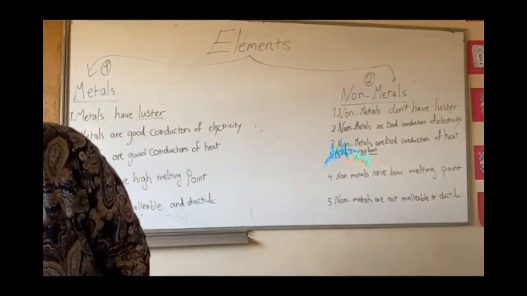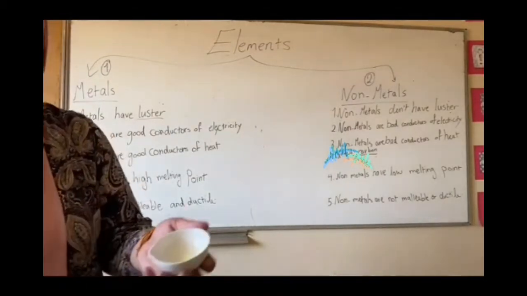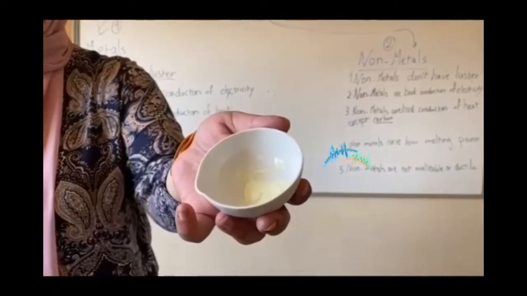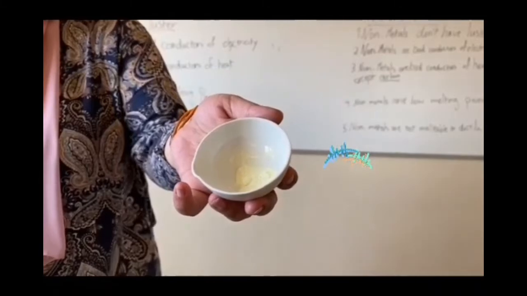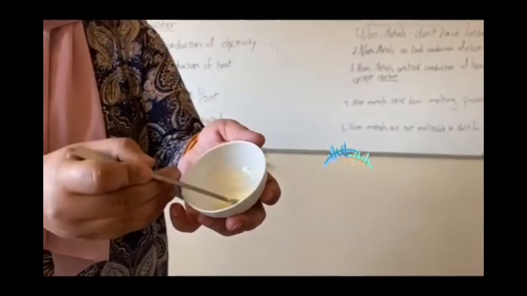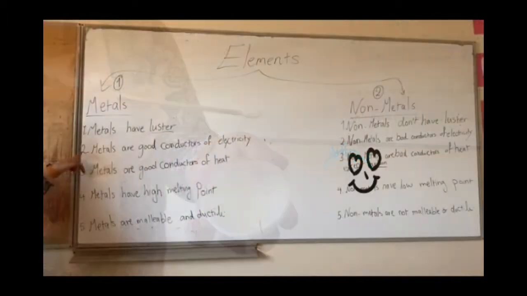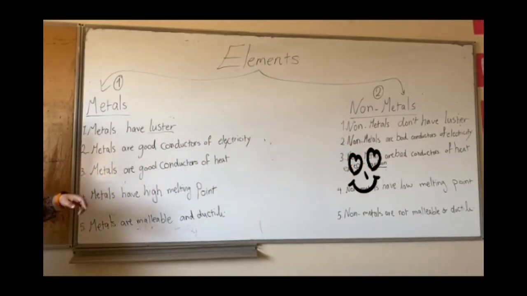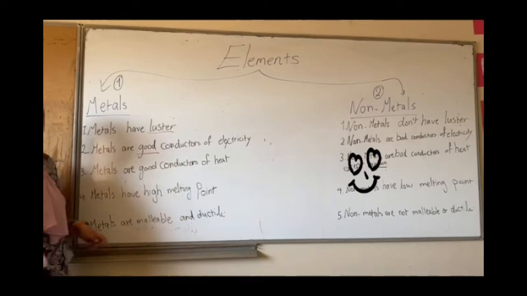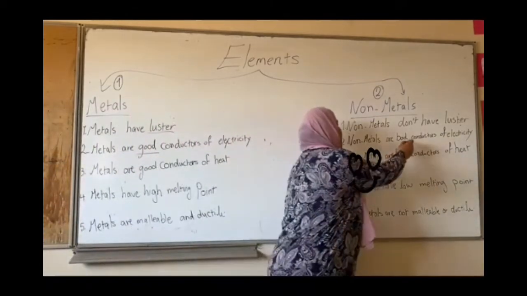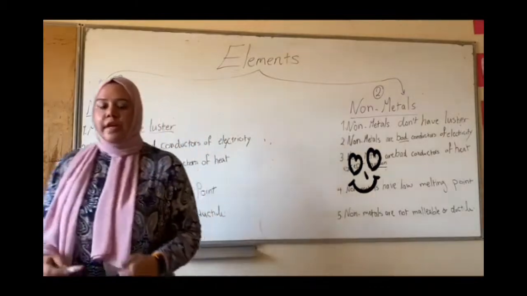But non-metals like sulfur are dull, they are not shiny. They don't have luster. Property number two, metals are good conductors of electricity, although non-metals are bad conductors of electricity.